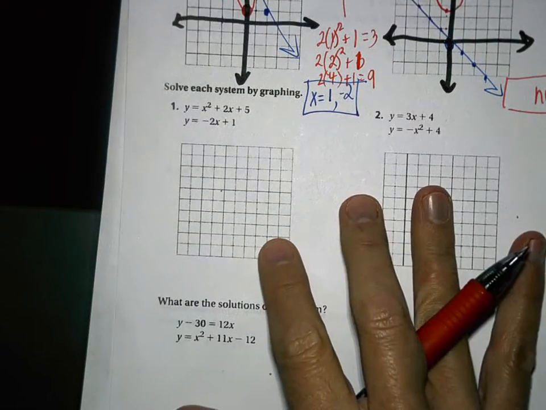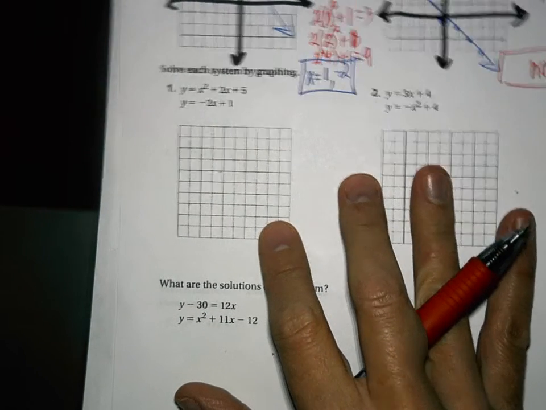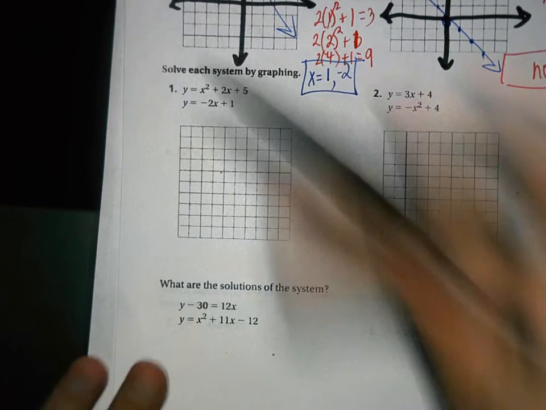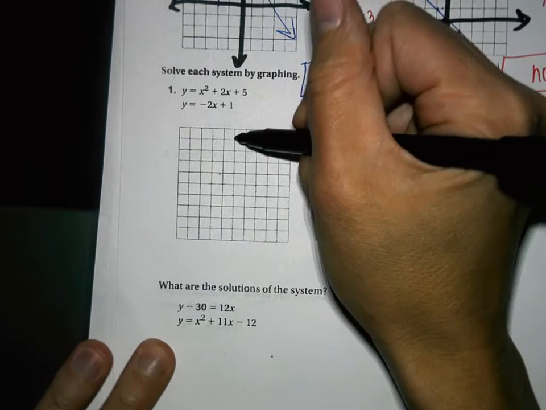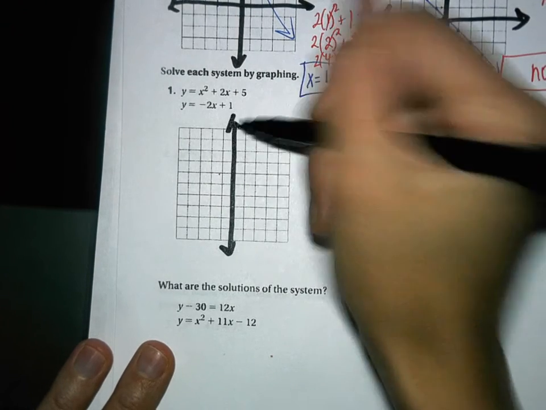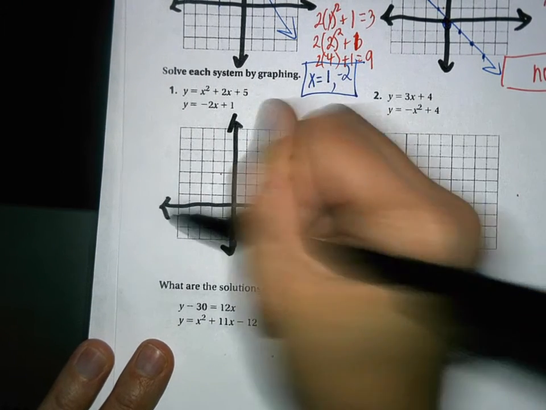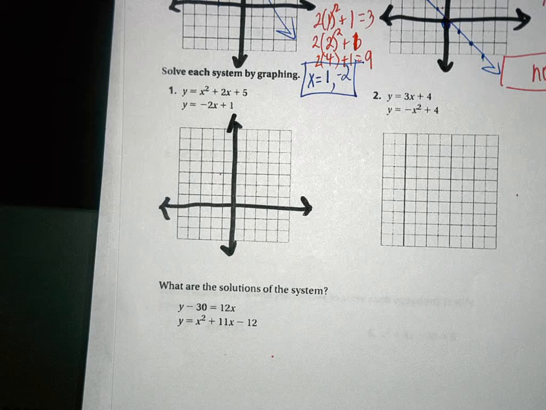Next one. Should we go ahead and do the line again first? Yes. Okay. So let's go ahead and draw our coordinate plane. Again, I'm going to make this kind of down here a little further. Okay. Where will I go first on my line?